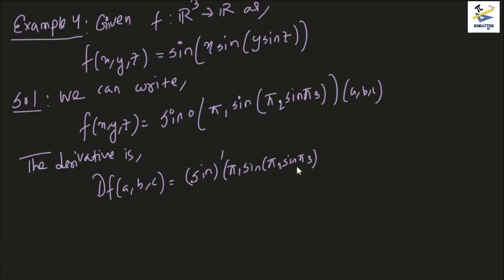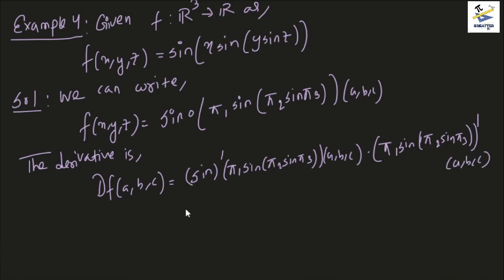So sine 1 into pi 2 sine pi 3, and this is at the point ABC, multiplied by pi 1 sine of pi 2 sine pi 3 derivative at the point ABC.